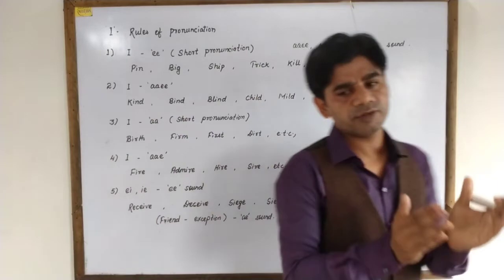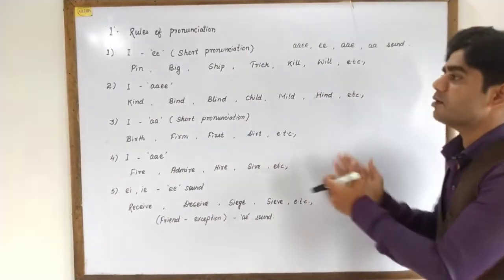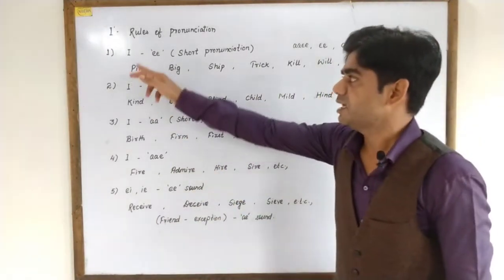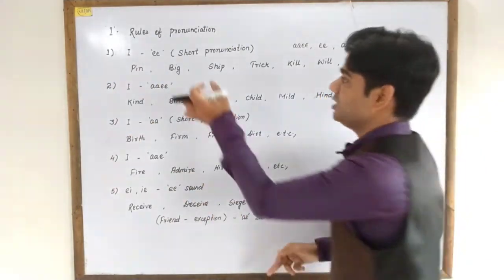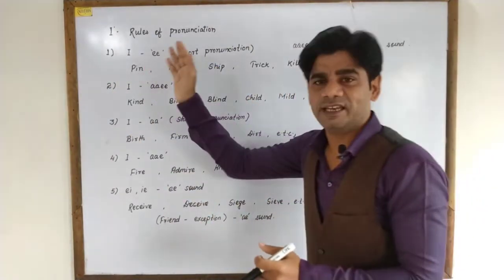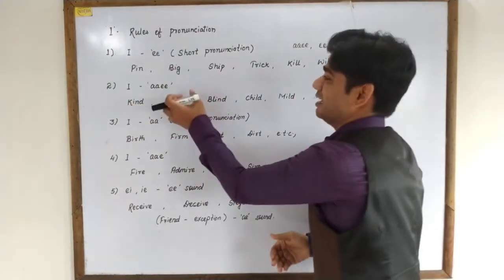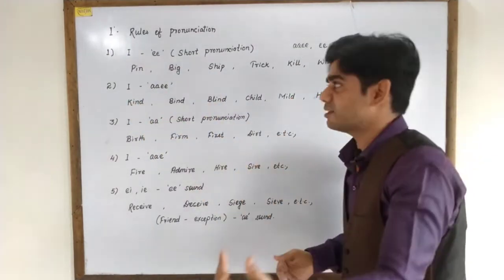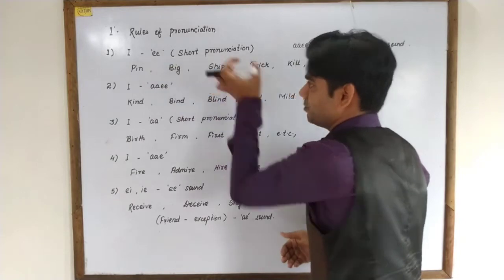We will be studying all these sounds one by one in detail. Now the first one, here we have the letter I and it is pronouncing E sound, but in short pronunciation.